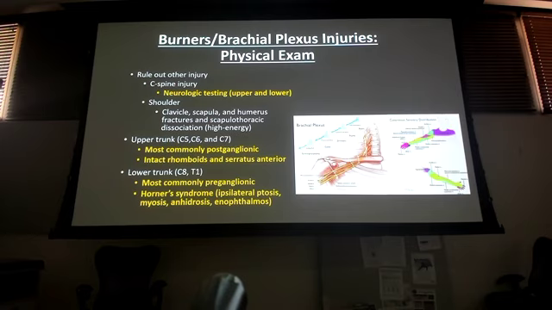And if there's a concern for a C-spine injury, you're going to put them in a C-collar. You're not going to take them out of that C-collar until you clear it, regardless of how much burning, searing pain they have, their inability to extend the wrist, etc. You're going to rule out the fractures and potentially the irreversible spinal cord injury that could occur if they have an unstable spinal column. Because we already know about that.